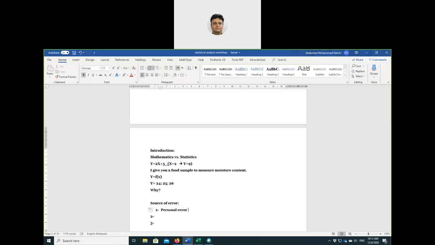Because we have personal or human error. For example, if you want to measure the acidity of a food material by a color change from white to purple, different eyes can detect different ranges of the purple.